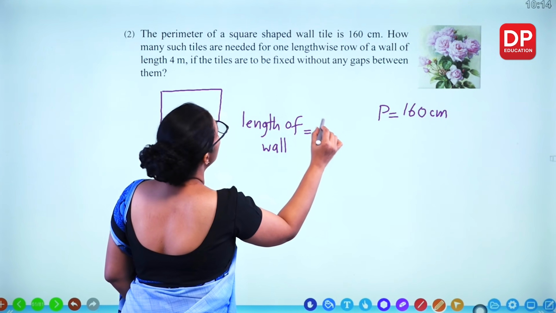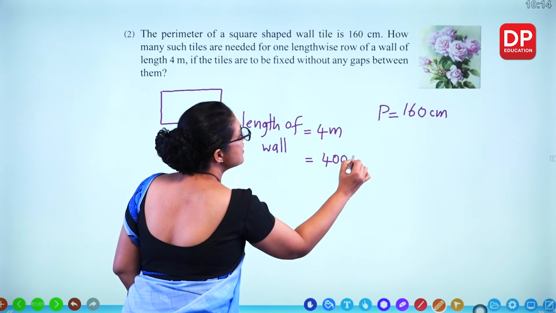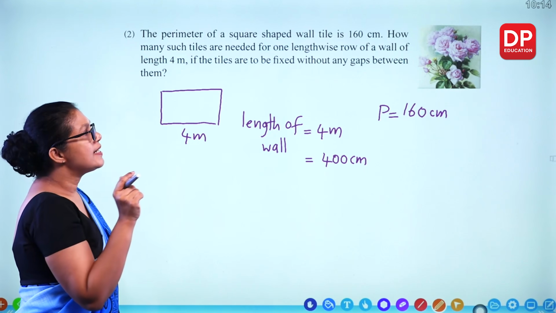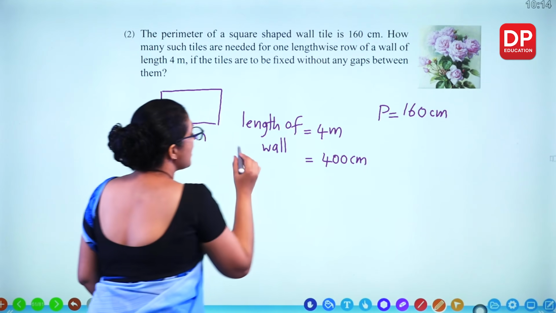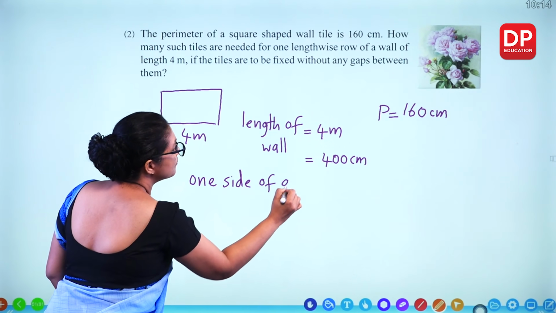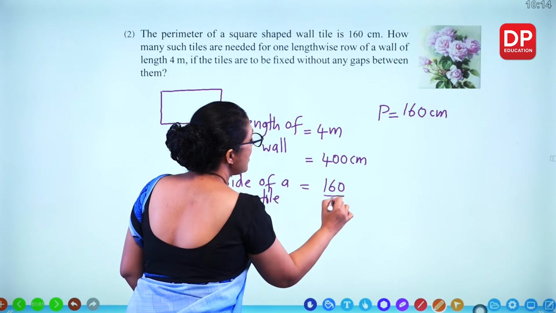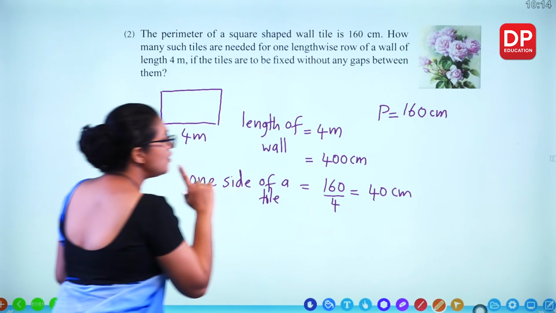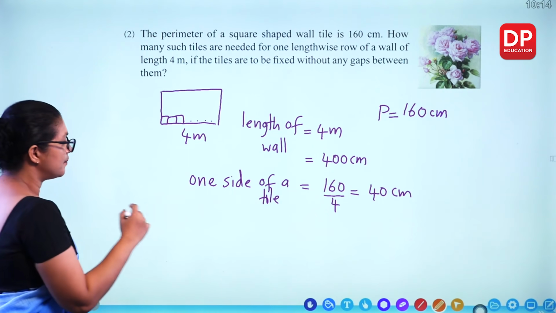It is equal to 4 meters multiplied by 100, you get 400 centimeters. Now we'll find out one side of a tile. Because the perimeter is given as 160, divide by 4, you get one side of a tile. Then you can find how many tiles are needed lengthwise.